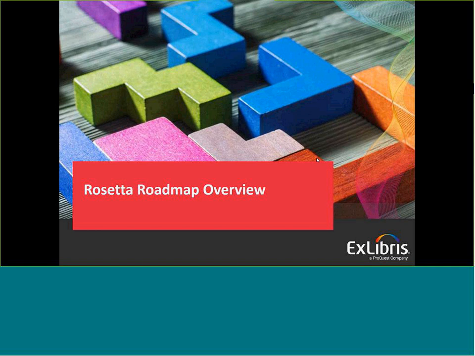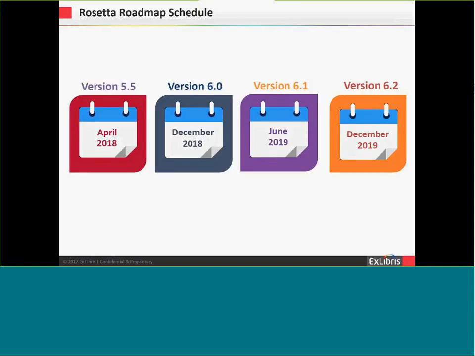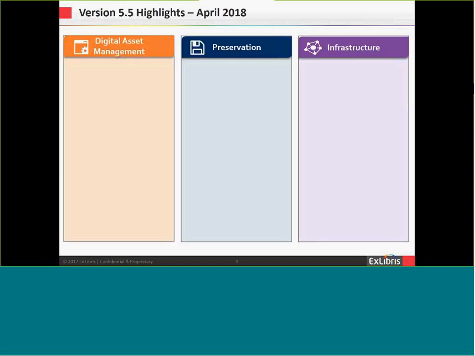Therefore, we will release a minor release around mid-April, which will include improvements in certain areas and stabilization, and another one at the end of the year, which should cover some major features. You can see here, we will be getting the 5.5 in April and the 6th major one at the end of the year.